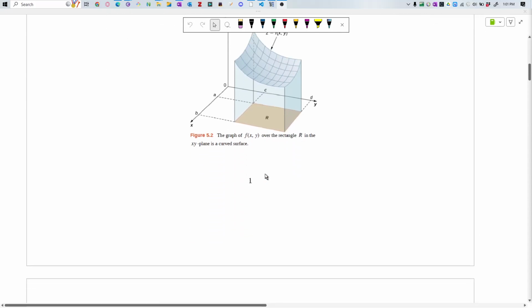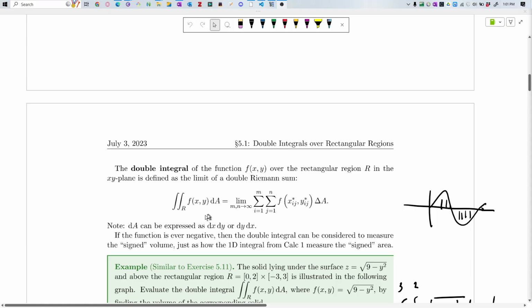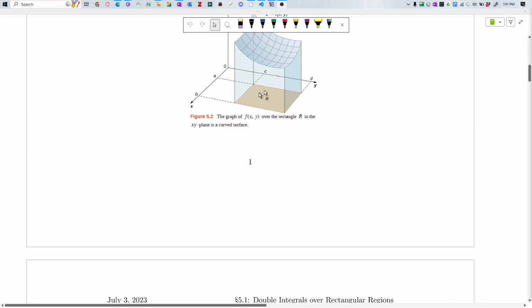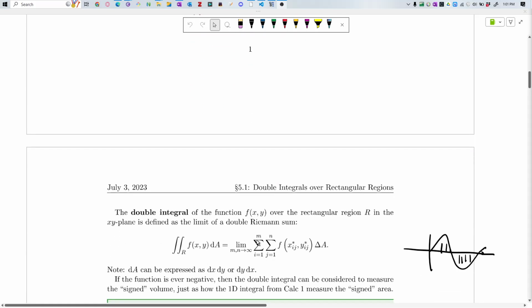The definition can be a Riemann sum, just as in the one-dimensional case. You would subdivide this rectangle into sub-rectangles by subdividing along x and along y. That would be the m and n in this.